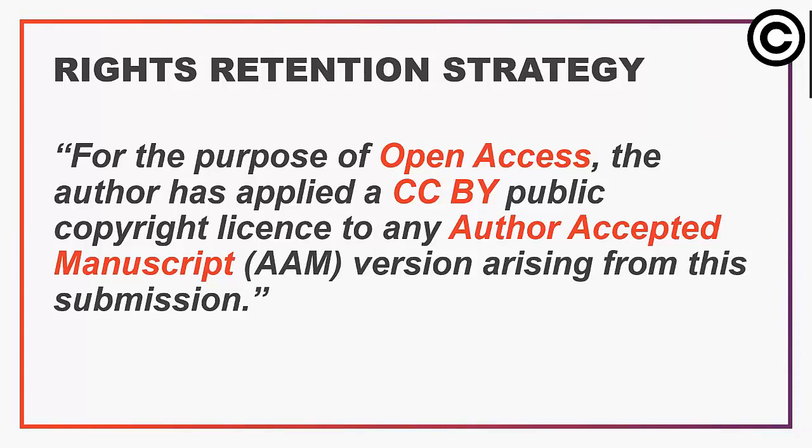You're telling the journal that on submission. So this is known as a prior license because you're putting a prior license on that version of the work that doesn't actually exist yet, but you're asserting your rights as the current copyright holder by saying any author's accepted manuscript that arises from that submission to the journal, you are licensing with a Creative Commons Attribution license.